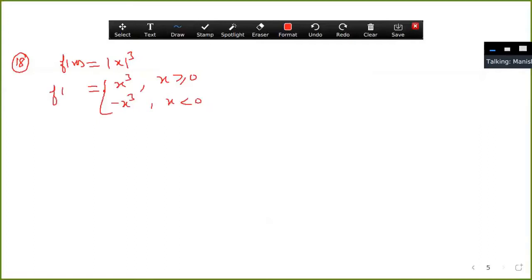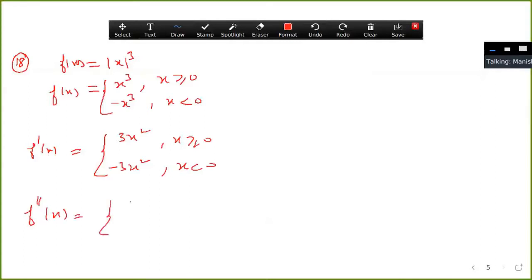This is f(x). If you want f dash x, the derivative will be what? The same conditions will be applied: 3x square, and minus 3x square, for greater than 0 and less than 0. If you want f double dash x, the second derivative, this will be 6x, and this will be minus 6x. Conditions are as they are. So, okay, you can do question number 18.